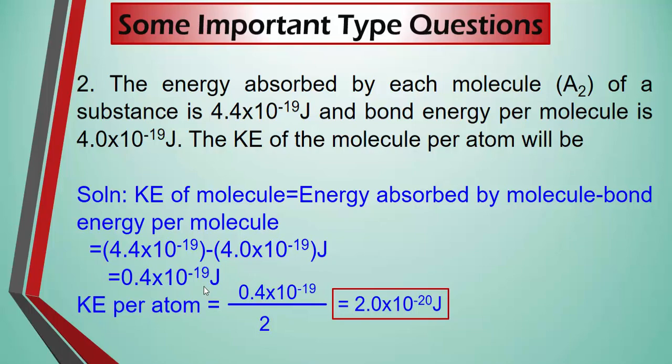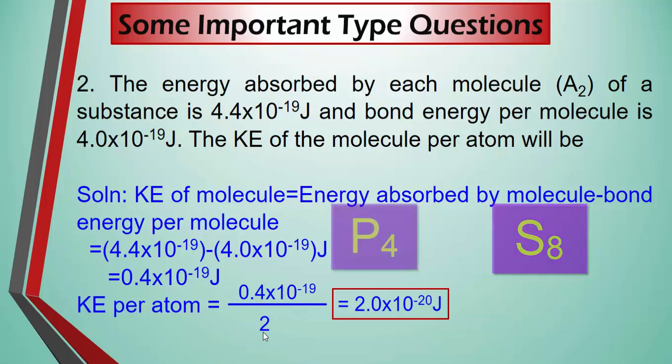joule. You know that the molecule is A2, that means one molecule contains two atoms. Therefore, the kinetic energy per atom will be whatever value you got divided by 2. Supposing this question would have been for sulfur, it would be S8, so you should have divided by 8, or if it is for phosphorus, you should have divided by 4.